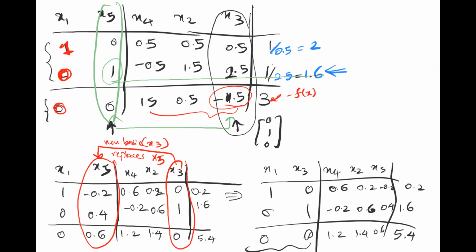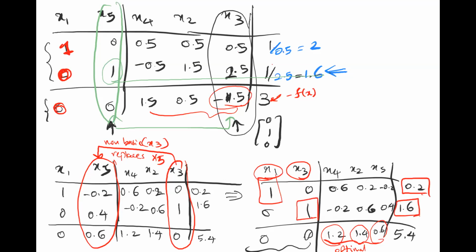Now that we have this tableau, we have to look at the relative cost vectors again. As you can see, all of them are positive. So we reached the optimal solution. And the question is, what are the values and what are the basic variables? The only non-zero answers are basic variables. x1 is equal to 0.2, x3 is equal to 1.6, and the rest of the variables are 0.